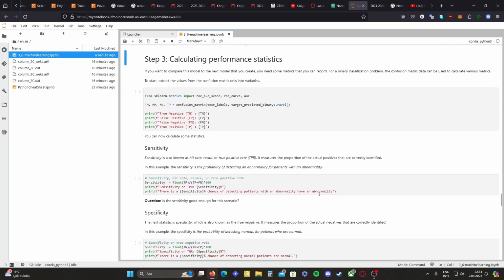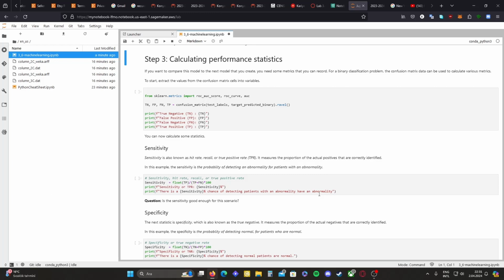Calculating performance statistics. If you want to improve and compare the model to the next model that we create, we need some metrics that we can record. For a binary classification problem, the confusion matrix data can be used to calculate various metrics.